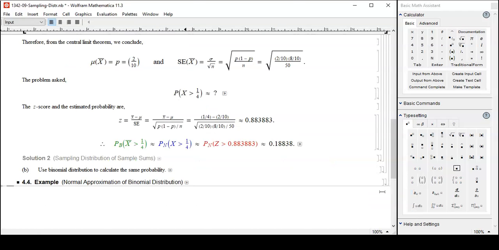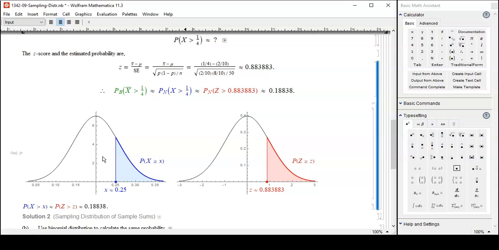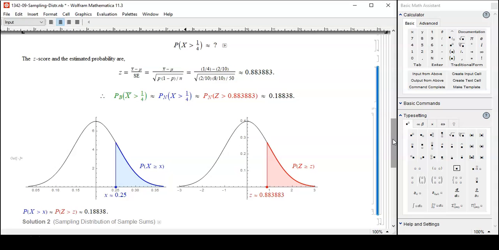Look up the Z table from there, and that's the left-hand side shading. So subtract from 1, and I'm going to get 0.18 something. And that is the answer we get from this normal approximation of the sampling distribution of sample means.